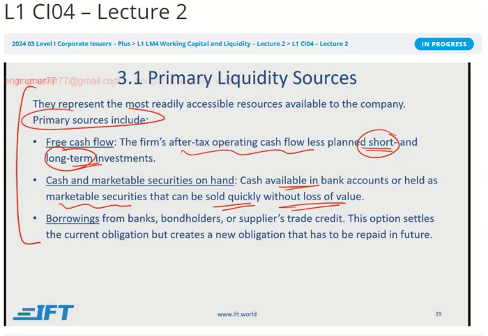And within primary sources are new loans that we can take, right? New borrowings from the bank. And of course, this does create a new obligation but retires an old one. So it is considered a primary liquidity source because it is not going to hamper your operational ability.